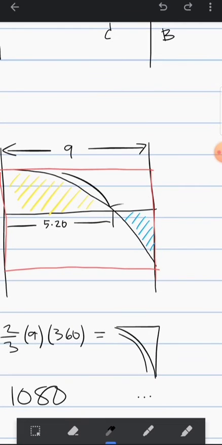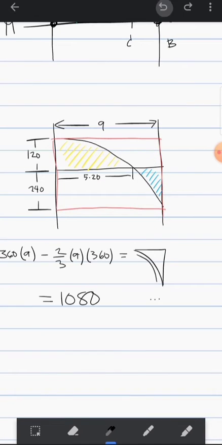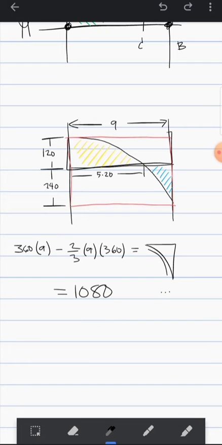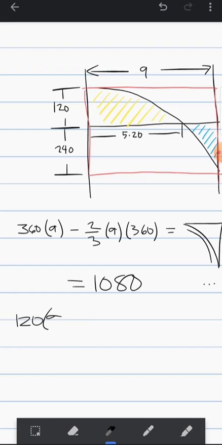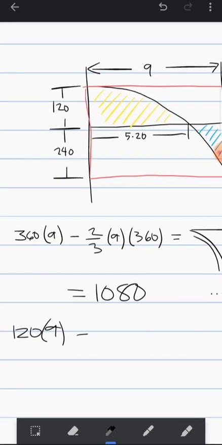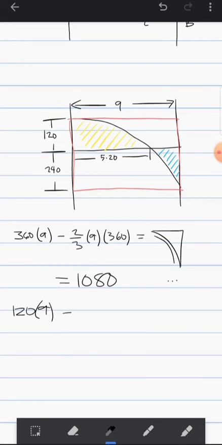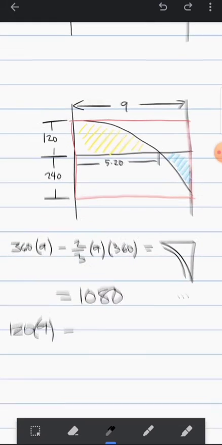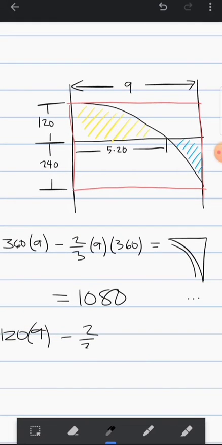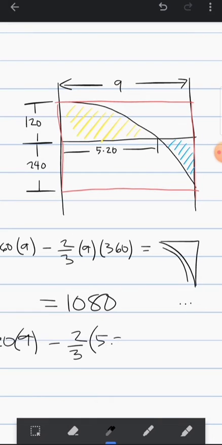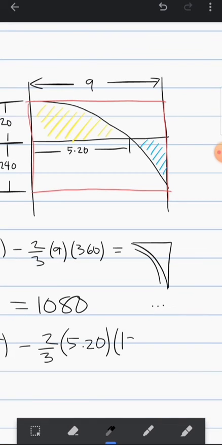To get that area, we take the rectangle, 120 times 9, minus the small spandrel, 2/3 times 5.20 times 120.